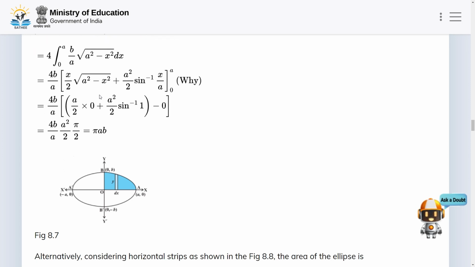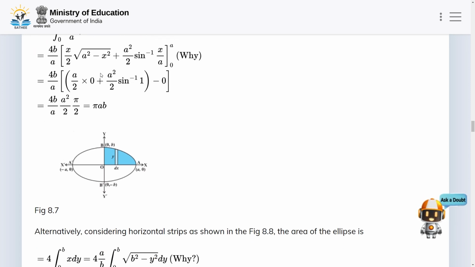We applied it here. We also applied the second fundamental theorem, and you will get pi ab as your answer. Pi ab will be the area of your ellipse.